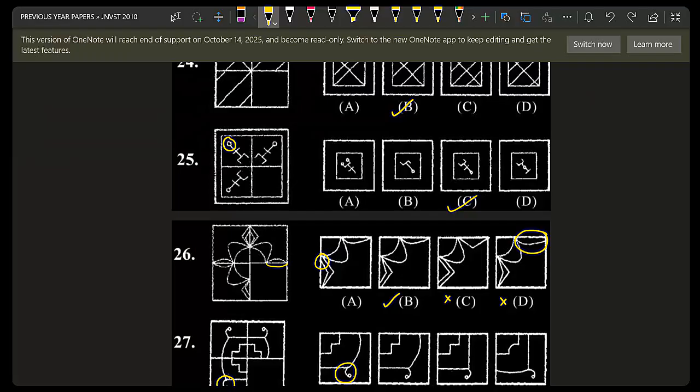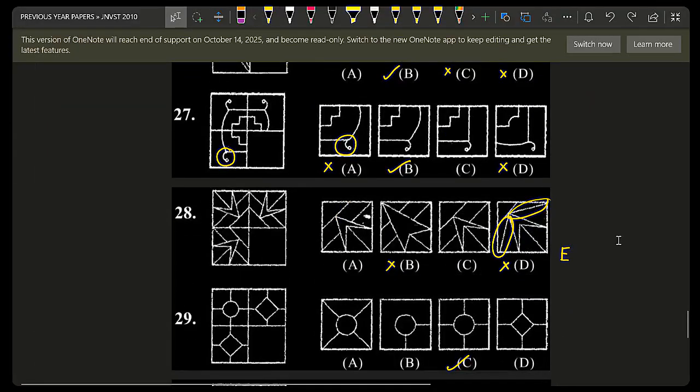Sir, the 28th question. 28th one, yes, both A and C are correct. They are almost the same. That's why, as more than one answer is correct, we kept E. Sir, in option A, there is a point. Which point? This one. This is only a stray mark. You can forget about that. Stray marks on the paper. Okay, sir.